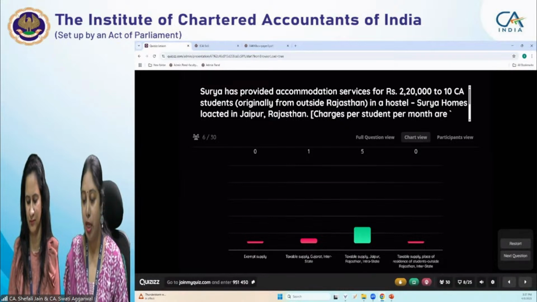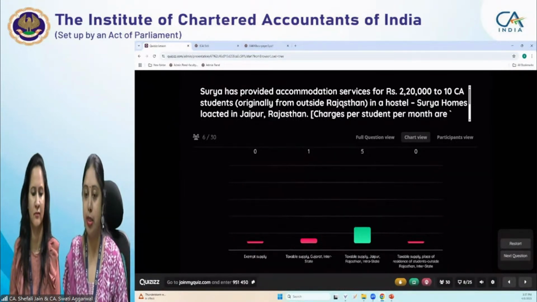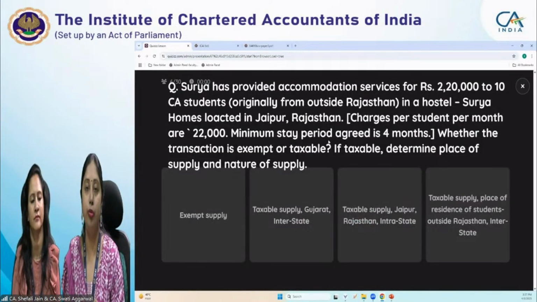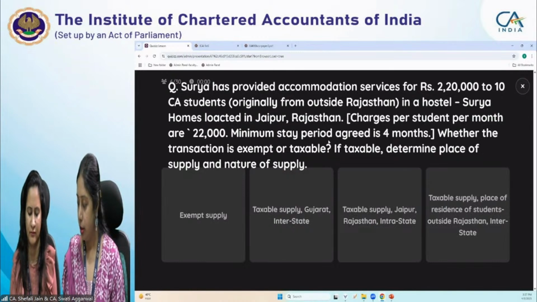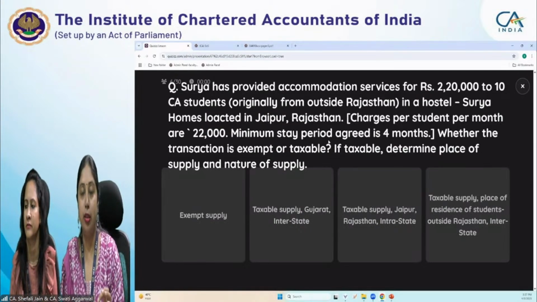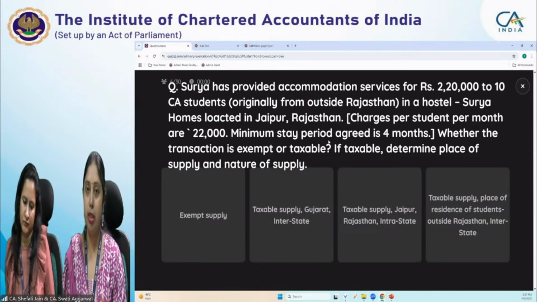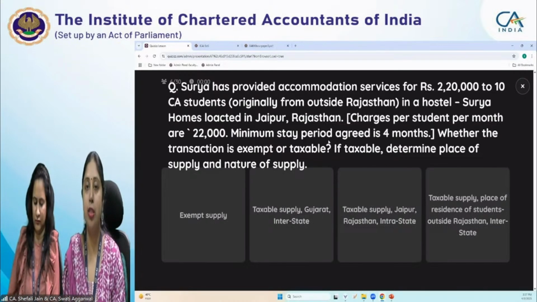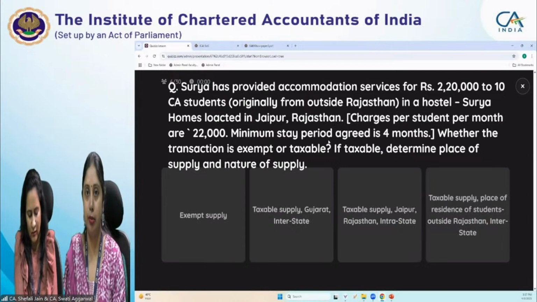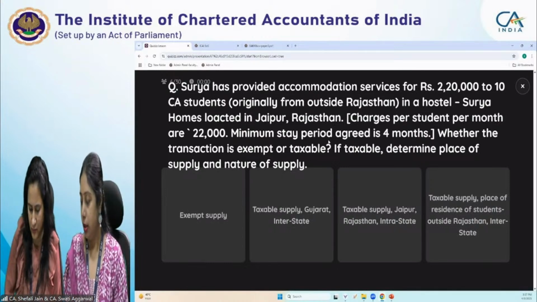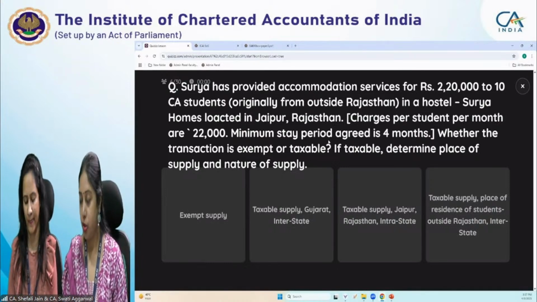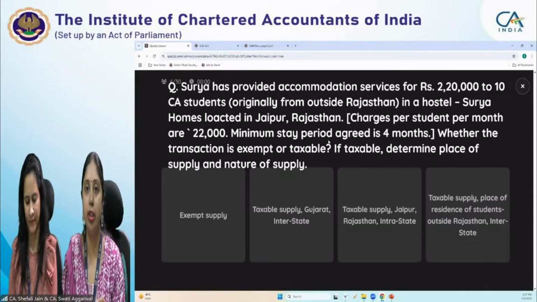The place of supply is Jaipur, Rajasthan, and therefore it is an intrastate transaction. Why it is a taxable supply? Let us come to the full question view. In case we have provided accommodation services where the value of supply is up to rupees 20,000 — in fact, in the revision test paper, at one place in the description, the word exceeding is written; read it as up to in the first line.